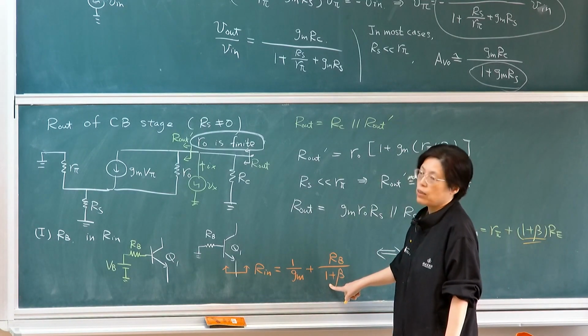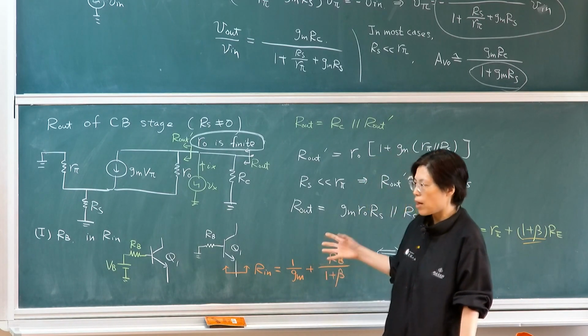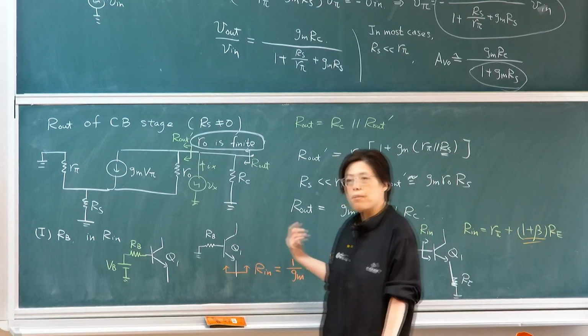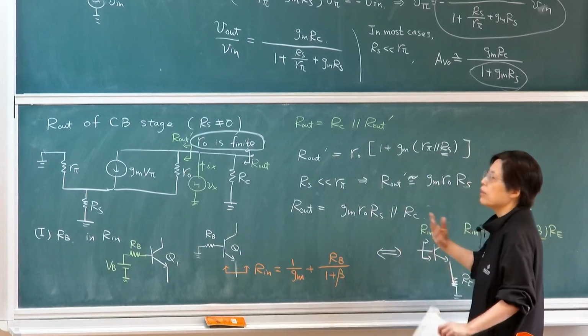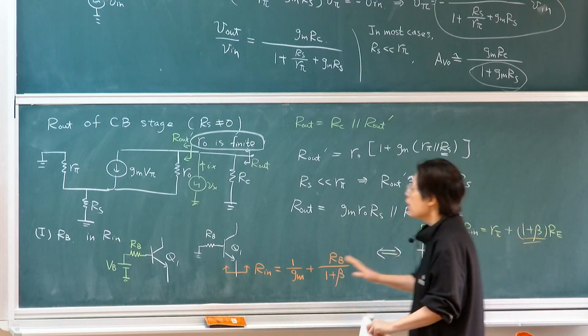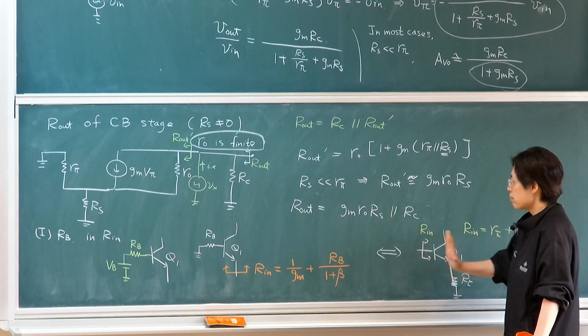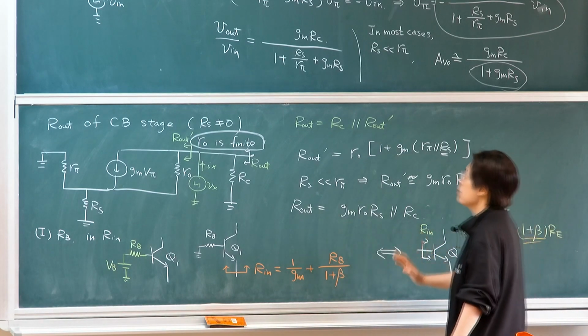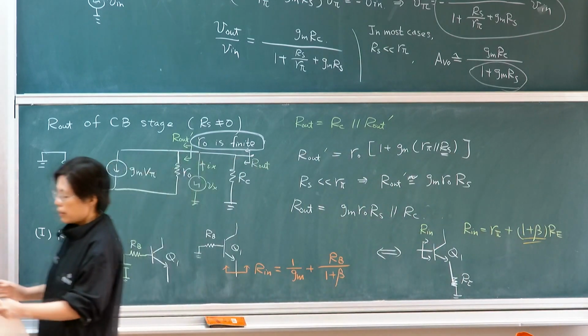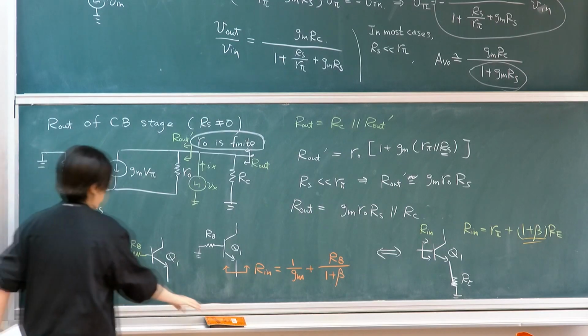This will be reduced by a factor of 1 plus beta. Okay, so this is one of the things I want to mention. I believe there are exercises or examples in the textbook you can go through and just get a sense as to how the resistance changes if you're looking in from the emitter or looking in from the base.